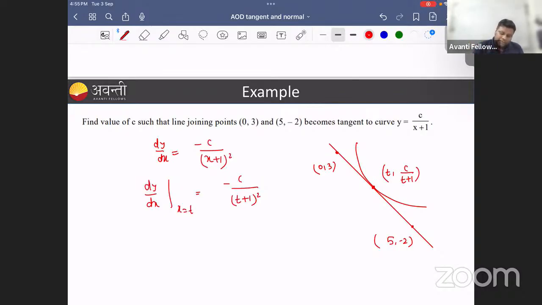Now the slope of tangent is also the slope of line joining 0 comma 3 and 5 comma minus 2. So y2 minus y1, that is 5, upon x2 minus x1, that is minus 5. Correct? So from this you get t plus 1 whole square as C, and t you will get. Got it? You get t, you get the point on that curve.